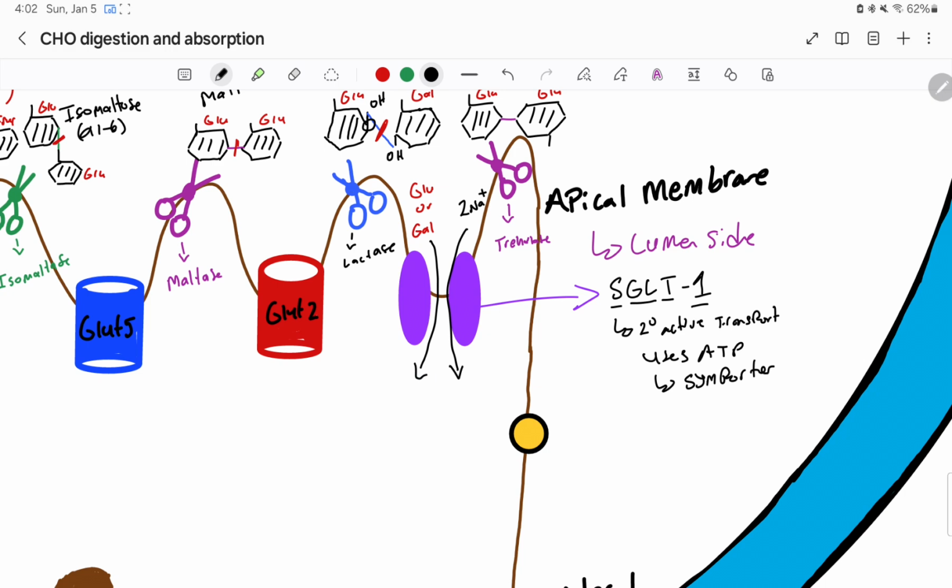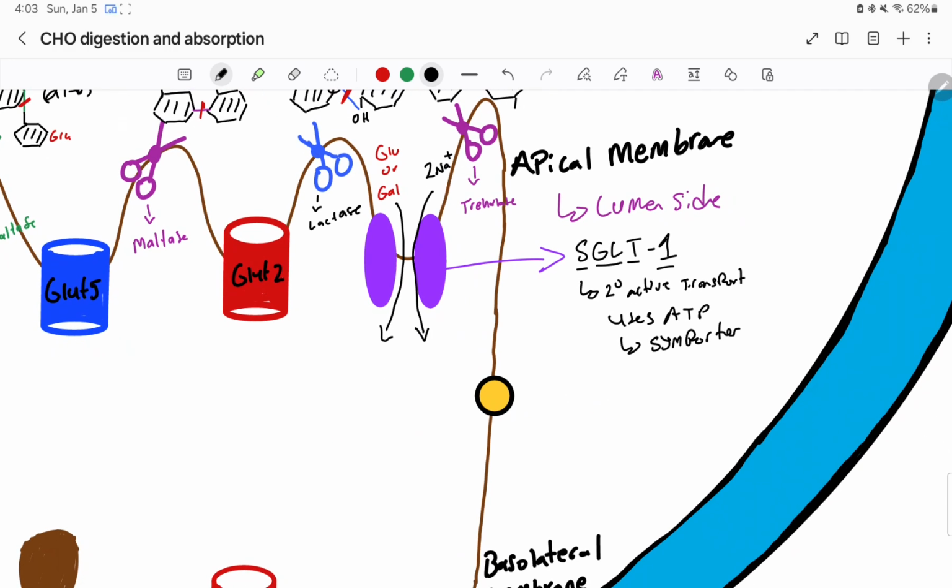Either one, not both, and it's going to transport in the same direction as the sodium. Now, the way this works is that the sodium will bind first to the transporter, then it'll increase the affinity for glucose or galactose, and then the glucose or galactose can bind and then get transported. So without sodium binding, glucose or galactose can't actually use this transporter, okay?